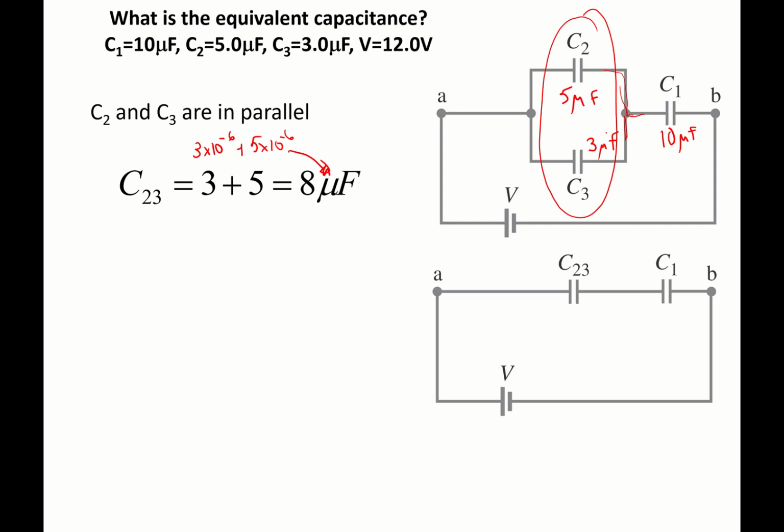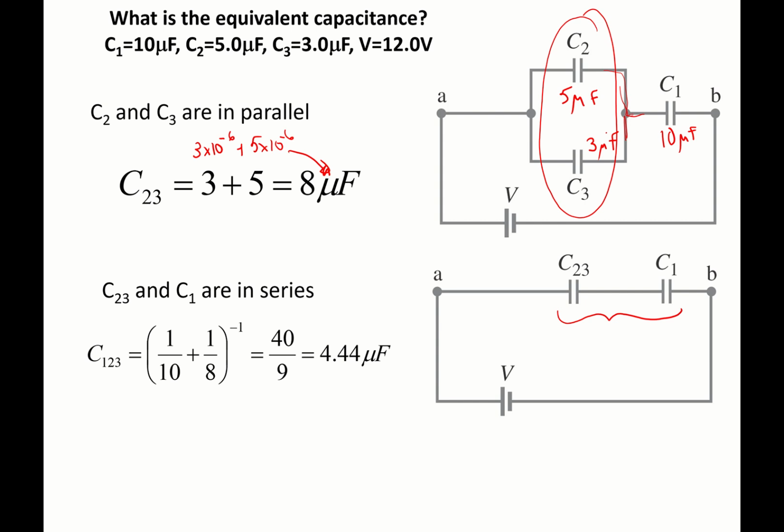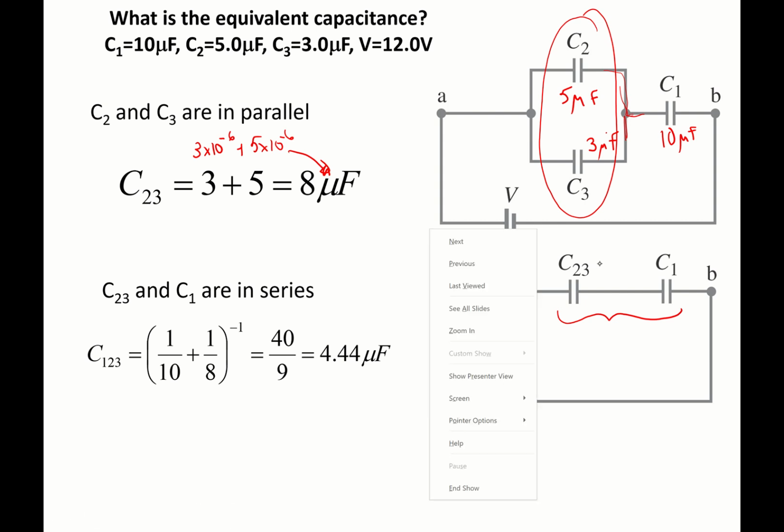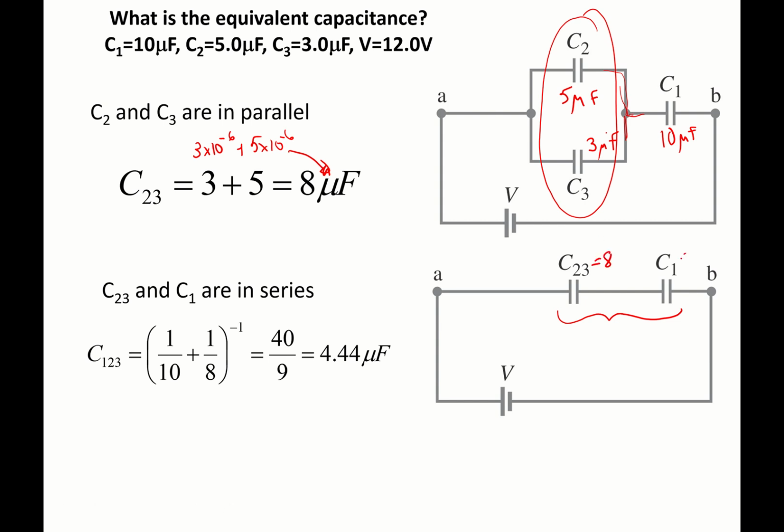So I'm going to redraw my circuit now. Where I had those two, I'm going to replace it with a single capacitor, C23. And now I look, what's the relationship between C23 and C1? Well, those are obviously in series. So if they're in series, I'm going to add the inverses. So C123 is going to be 1 over 10 plus 1 over 8. Remember, C23 was 8 and C1 was 10.